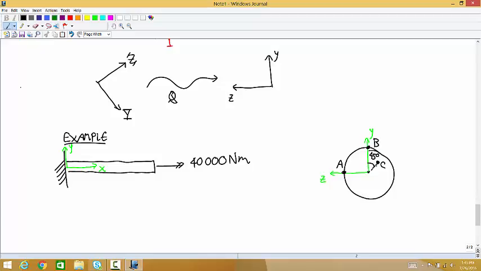I need to give the radius. Let's say it's 5 centimeters. So what are the stress tensors at A, B, and C?